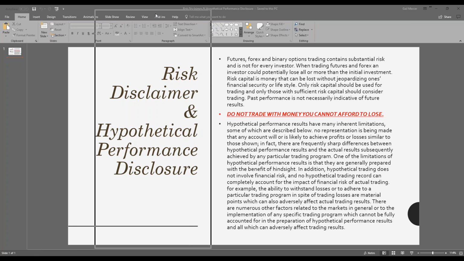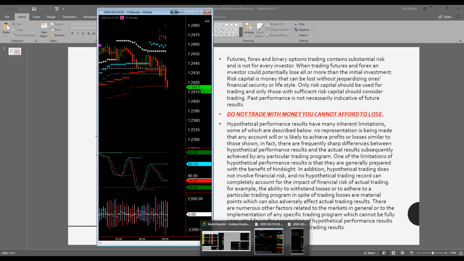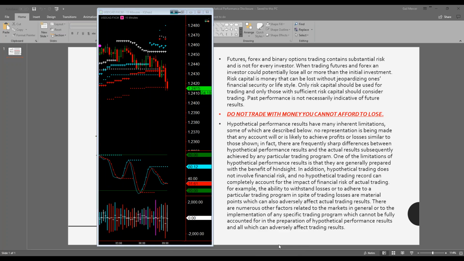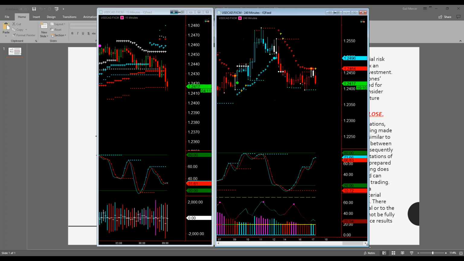Now, let's go and just look at the charts real quick. You can see that all of these are aligning to the downside, which is my bias as well. Let me move this one over. You can see that the 240-minute chart is right at the ATR up here.